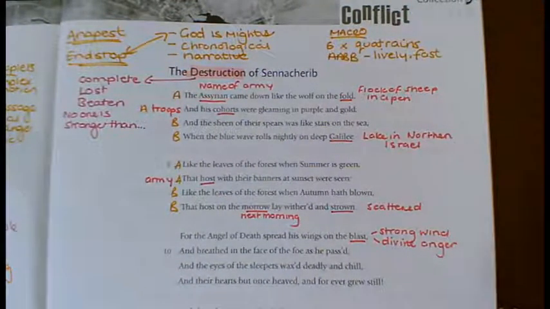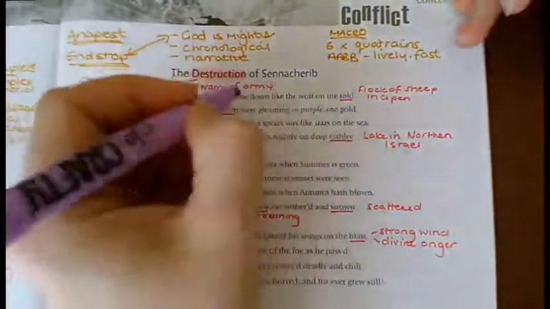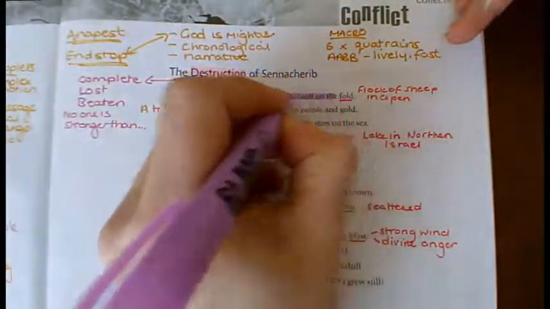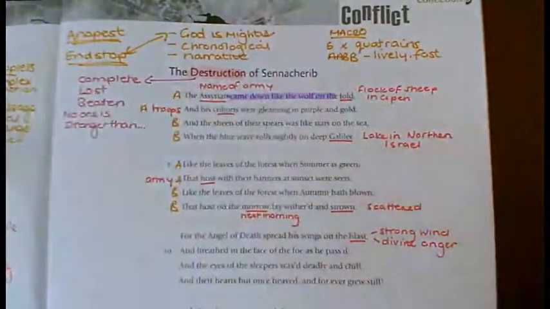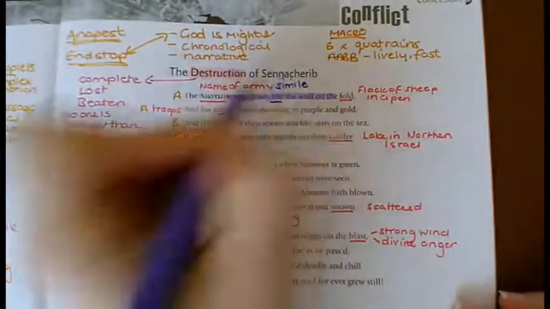Okay, so let's have a look at how the Assyrian army is represented, because remember we read that at the beginning of the poem, particularly in the first 6 lines, lots of imagery reflects what they're like. So let's have a look. So the Assyrian army came down like a wolf on the fold. Hopefully we have spotted the simile through the word like. But it's no good as just saying that.